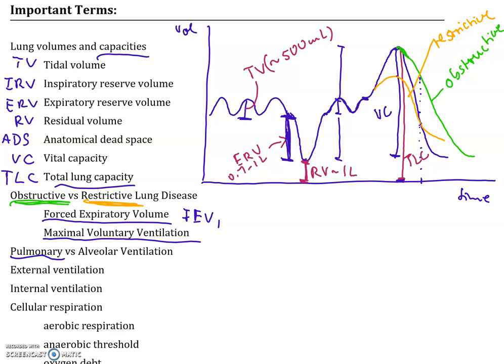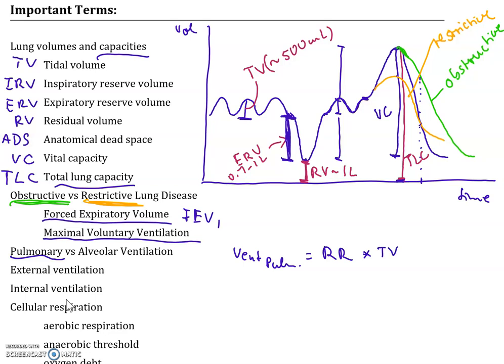So there are two formulas that you need to know in order to calculate pulmonary versus alveolar ventilation. Pulmonary ventilation is equal to the respiratory rate, the breaths per minute, times your tidal volume.